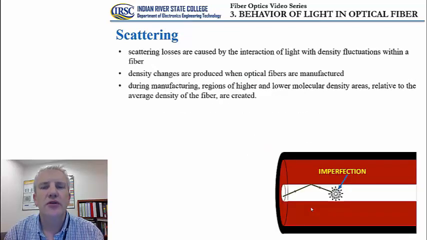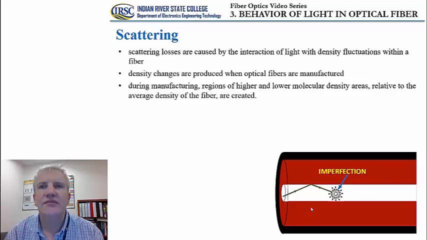The next important phenomenon related to light that causes attenuation is scattering. Scattering losses are caused by the interaction of light with density fluctuations within a fiber. Density changes are produced when optical fibers are manufactured, and during manufacturing, regions of higher and lower molecular density relative to the average density of the fiber are created.